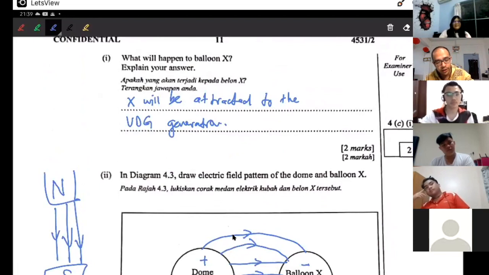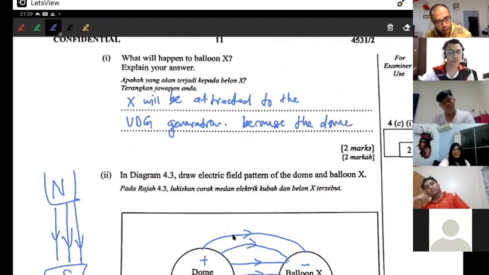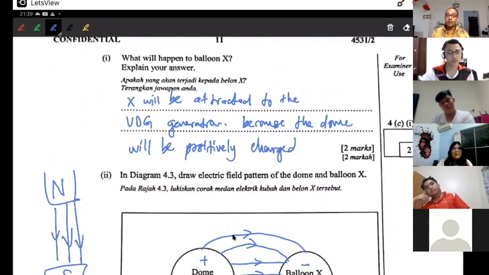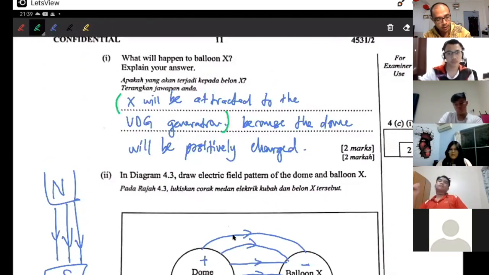X will be attracted to the Van de Graaff generator because the dome will be positively charged. Yeah, so that's the explanation. So 1 mark for what happens to X, and then this one will be the second mark.